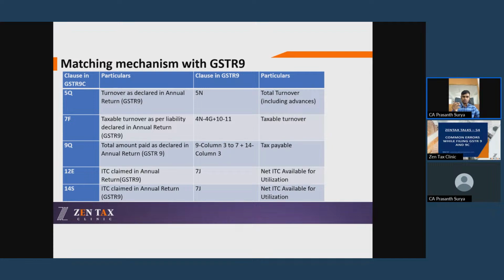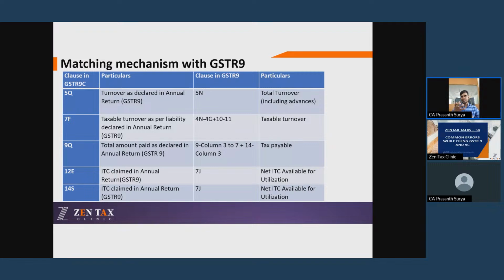My intention was only to make the point that certain tables you should be very careful of when filling before filing GSTR9 and 9C. These are the common errors that I note many taxpayers are making. So I kindly request you to please note it down and never make those mistakes.